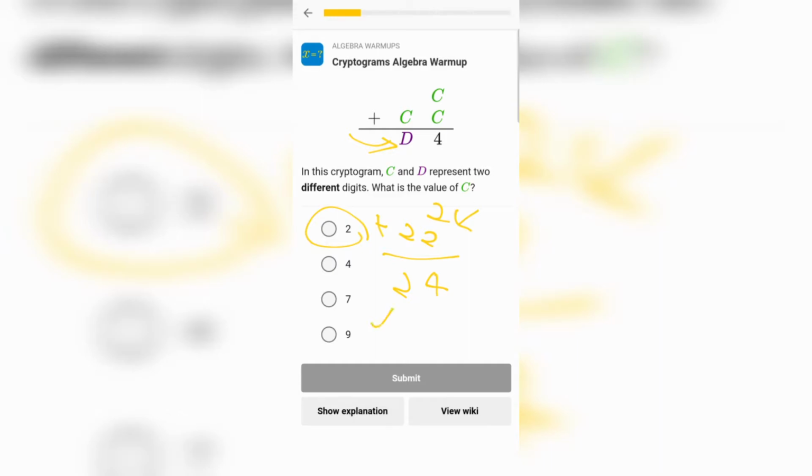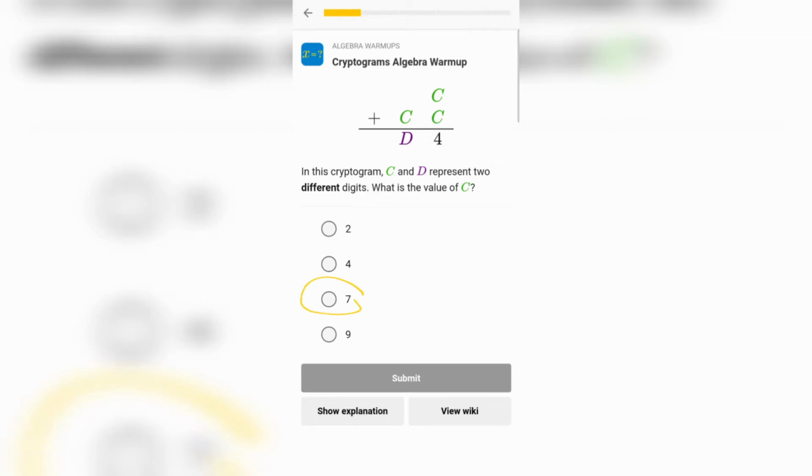So D cannot be 2, and the solution doesn't work. Following the same rationale, we could substitute with 4. It would be 4 plus 44, which is 48. Still, we wouldn't have a different D, so C would be equal to D, and the solution would not be right.